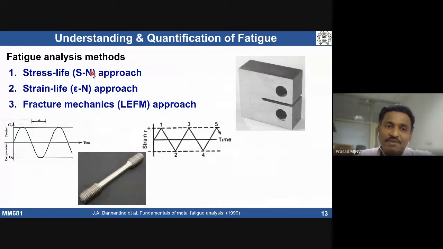That is called the stress life approach. If I deform the material between defined strain limits and monitor how many cycles are required for its failure, that is the strain life approach. In the fracture mechanics approach, we just monitor how the crack is propagating under cyclic loading conditions.